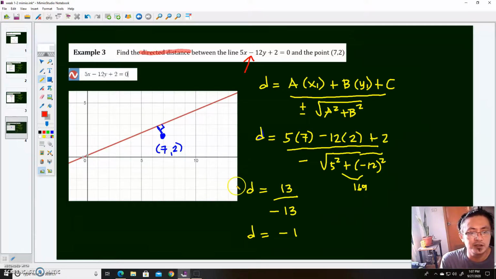With velocity, you have to take into account the direction. So it's the same in directed distance. It means something if the directed distance is negative, and also it means something if the directed distance is positive. So when you're asked what is the distance between the point (7, 2) and the line, obviously our answer is 1 unit long.